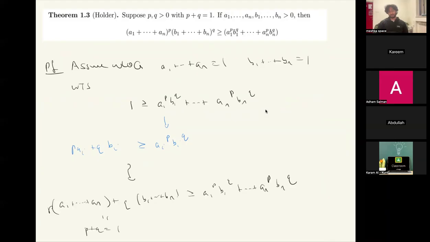Now I have to ask, what's the equality case? We proved this inequality by summing a bunch of inequalities. So the equality case should be when all these equality cases hold. When is that true?